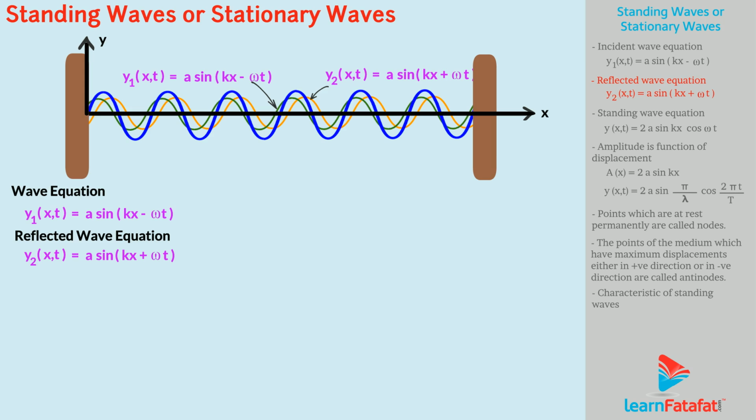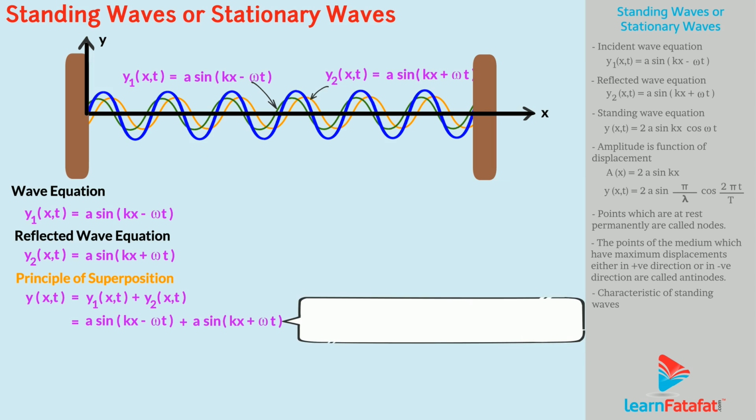If these waves interfere, then according to the principle of superposition, the resultant wave is y(x, t) = y1(x, t) + y2(x, t), which equals a sin(kx - ωt) + a sin(kx + ωt).